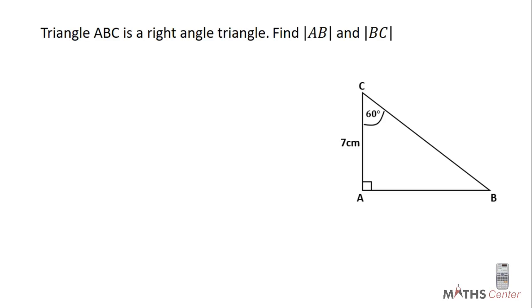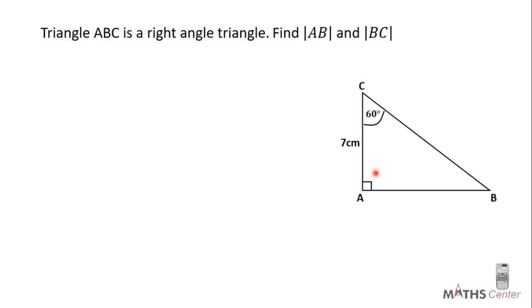Triangle ABC is a right-angled triangle. Find the length of AB and the length of BC. So this is the triangle given to us, and we can clearly see it is right-angled. We already know that this is the right angle, so that one is 90 degrees.